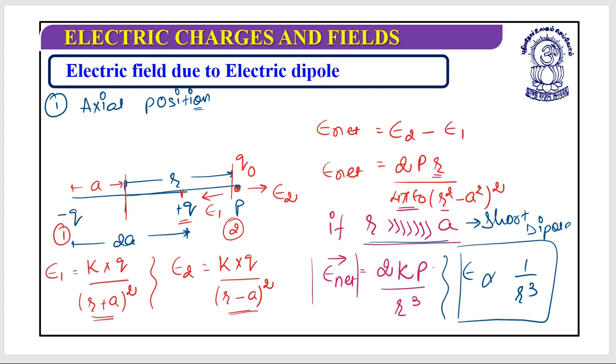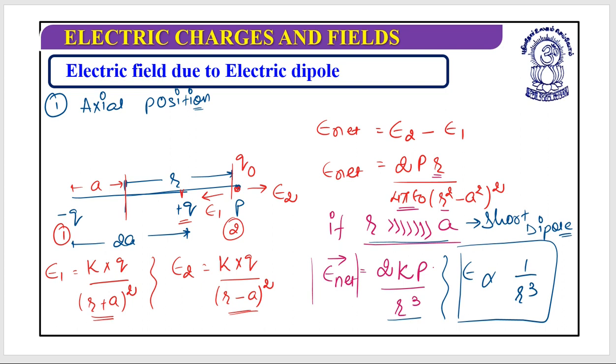Please do remember, either they will say that the distance where you need to find the electric field is much bigger as compared to the separation between the two charges, or they will say consider a short dipole. In that case, I can directly use this relation E equals 2 kp by R cube.